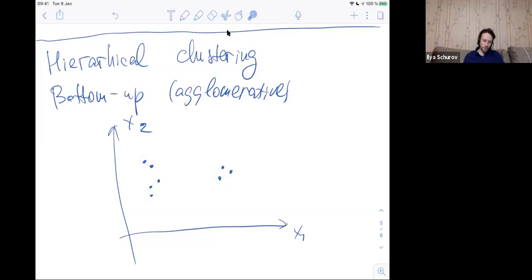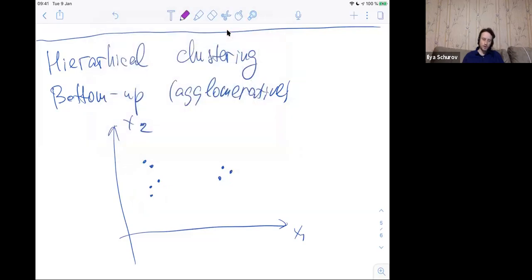But we also can say that we actually have 3 clusters. This cluster and this thing can be subdivided into 2 clusters, here and here. And actually, agglomerative clustering gives you both of these results. Let us see how it works.